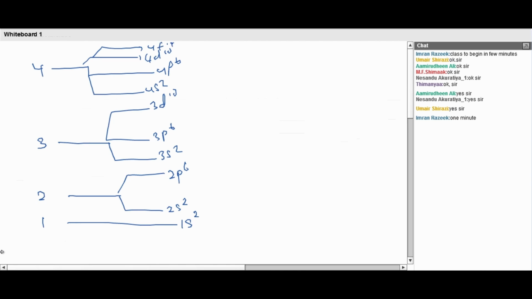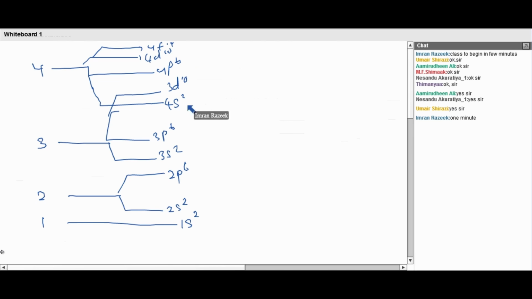Now there is orbital overlapping which occurs between the 4s and 3d, where the 4s level is slightly below the 3d level. That means after the 4s2 is filled, then the 3d will be filled.